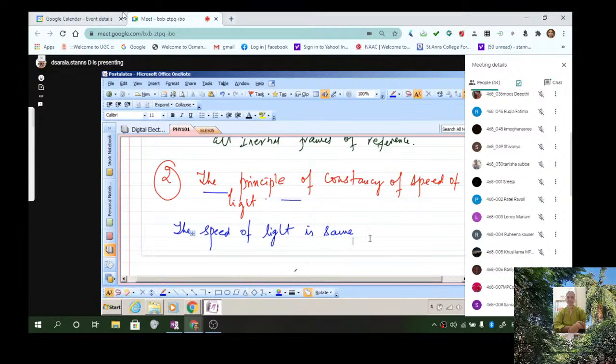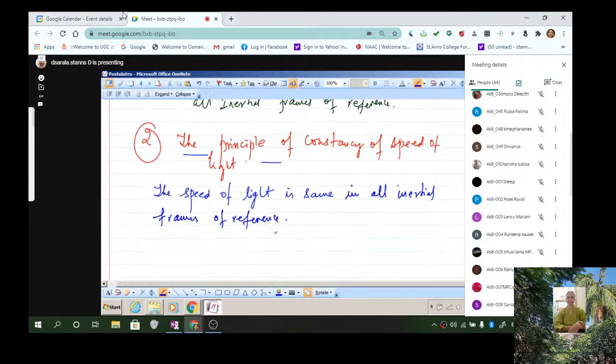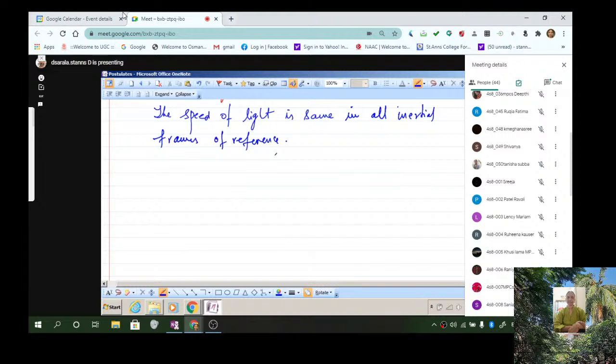It is the same in all inertial frames of reference.